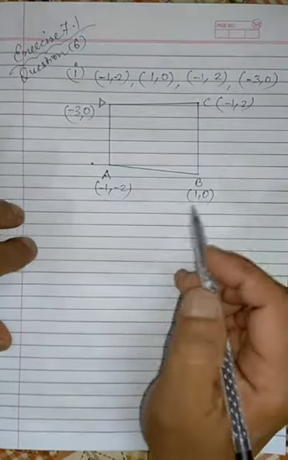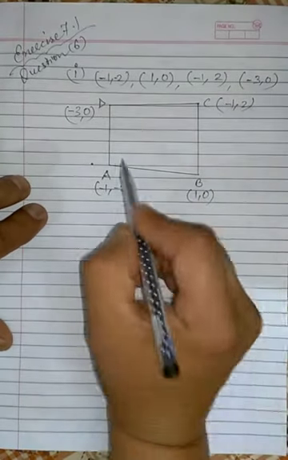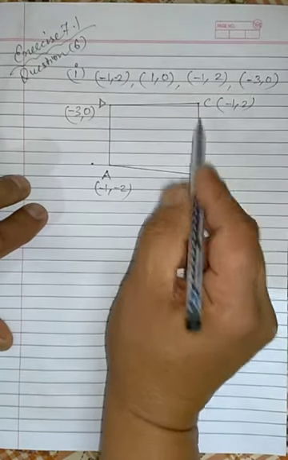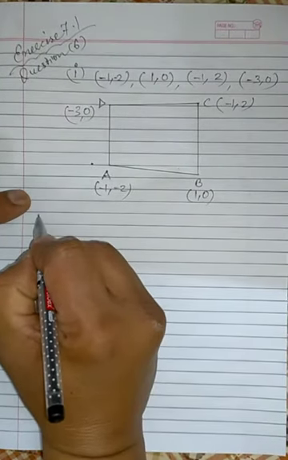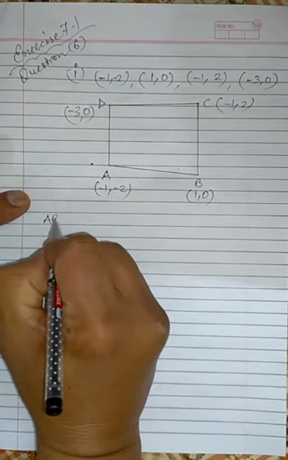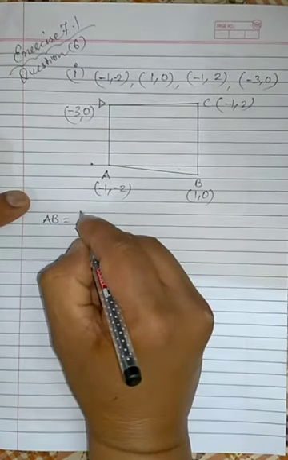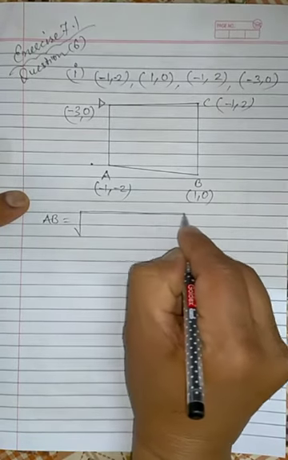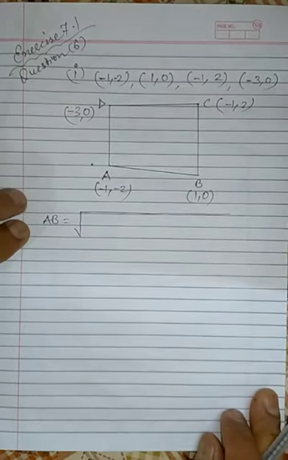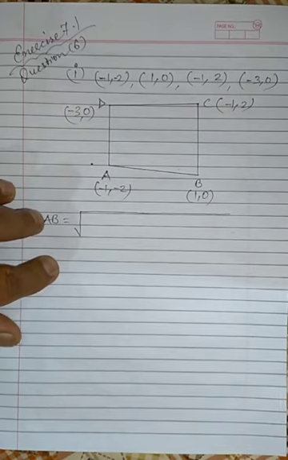To check what kind of quadrilateral we have, we will find all 4 distances AB, BC, CD and DA. AB is equal to, using the distance formula we have used in previous questions, under root (x2 minus x1) whole square plus (y2 minus y1) whole square.